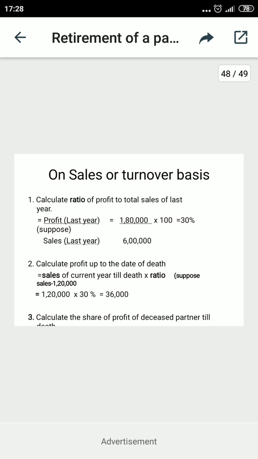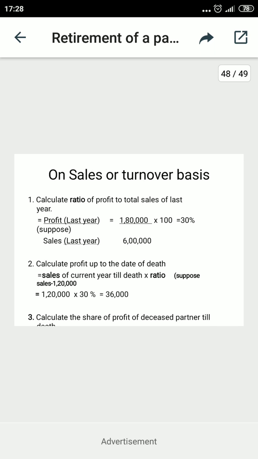That means if the sale is 6 lakh and the percentage is 30%, you may derive the profit of 1,80,000. This is the formula. It means on the sales, 30% is the ratio, the percentage of profit. The second step is to calculate the profit till the date of death when the current year's sales till the date of death is given.